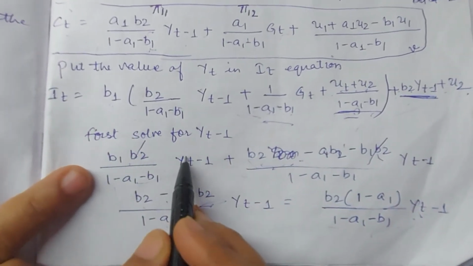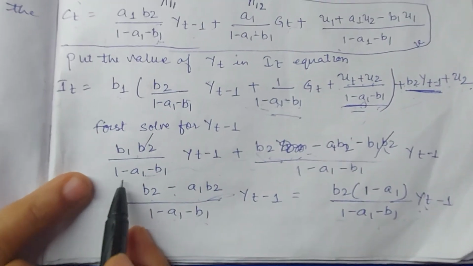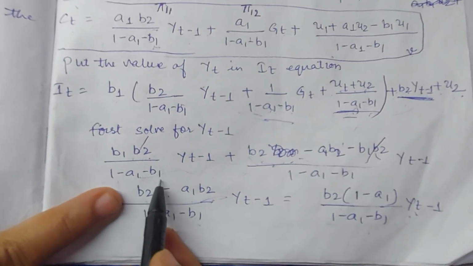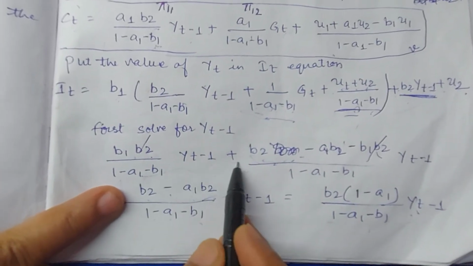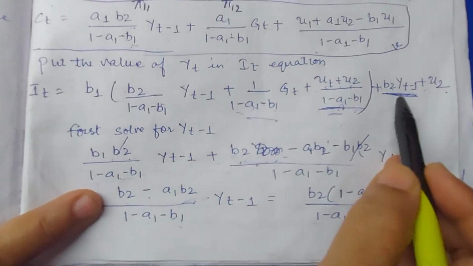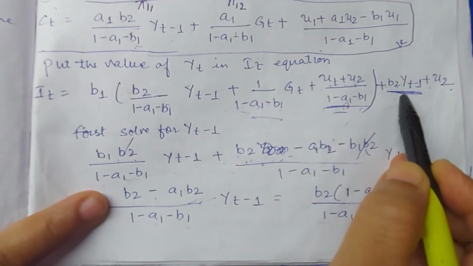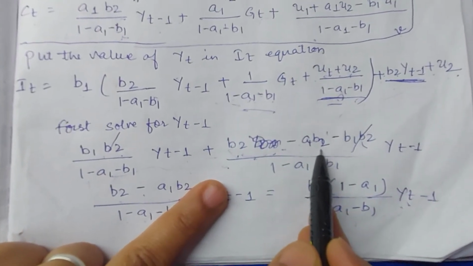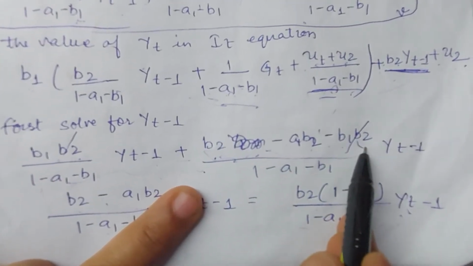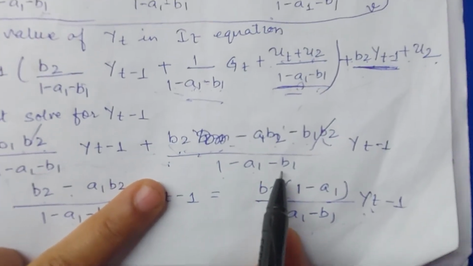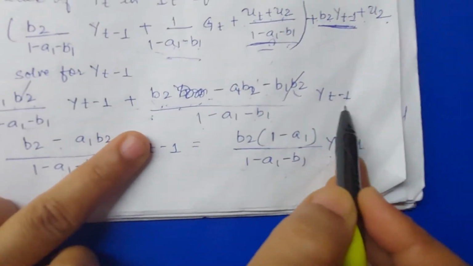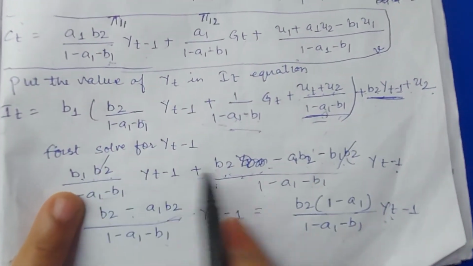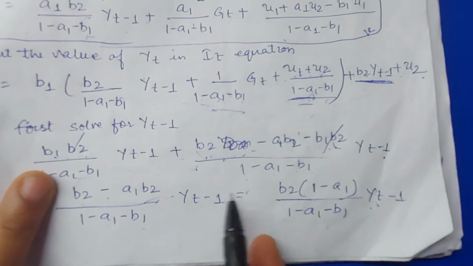First solve for Yt minus 1. Just look at the solution. b1 b2 upon 1 minus a1 minus b1 Yt minus 1 plus b2, this term b2 becomes b2 minus a1 b2 minus b1 b2 upon 1 minus a1 minus b1 Yt minus 1. Solve it. This is the plus term, this is the minus term, this will cancel out.